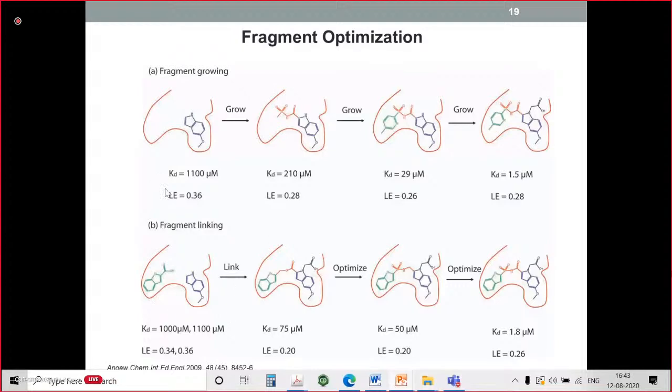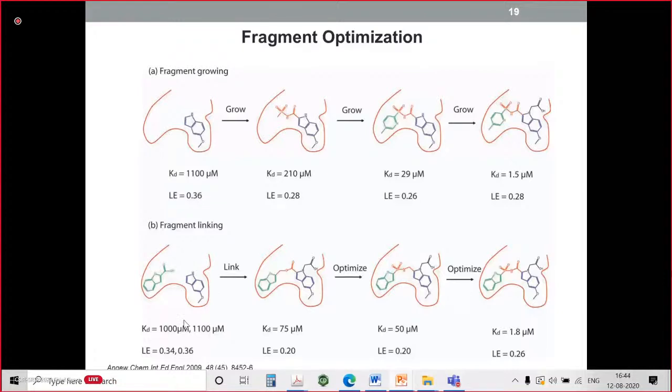In the other approach, fragment linking, you find fragments at different sites first. So in this example, there are two basic sites in the receptor. Two fragments are initially identified, which fit with a better KD value.